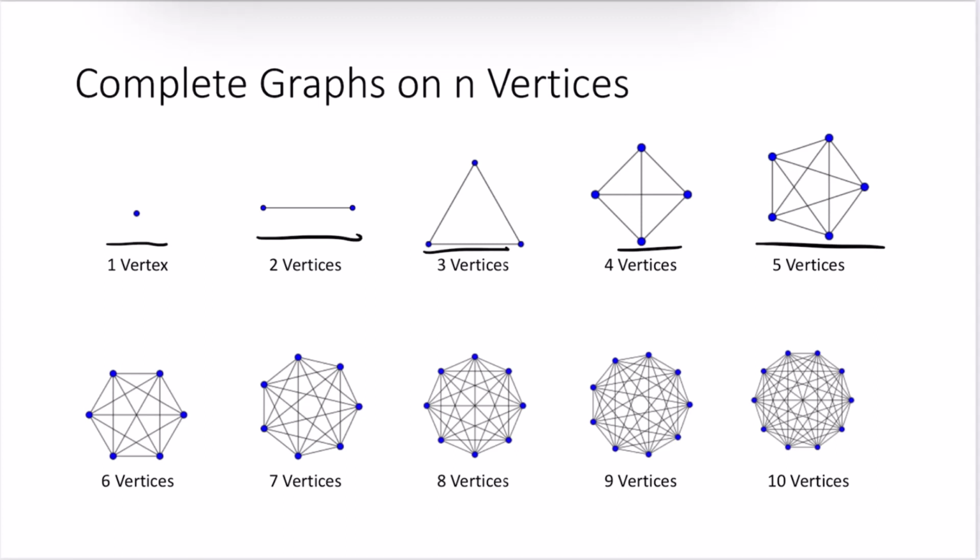But even if the vertices are not arranged in a circle, if every single vertex is adjacent to every other vertex in the graph, then that means that it's a complete graph. We just usually tend to arrange the vertices in a circle because it makes nice symmetrical pictures like this. But you can do it even if you arrange them in some other order.